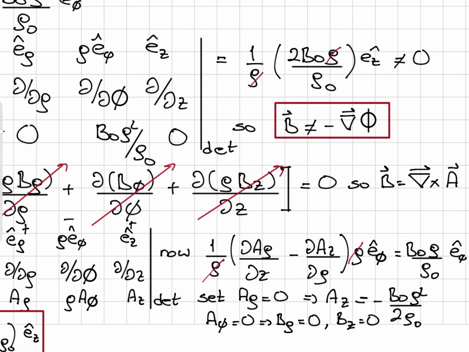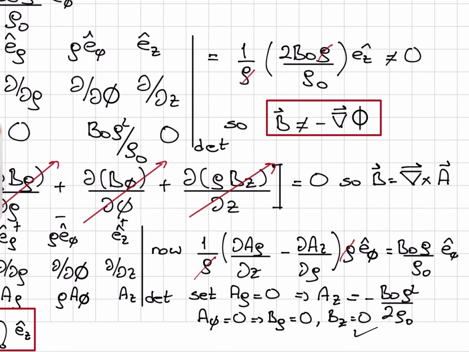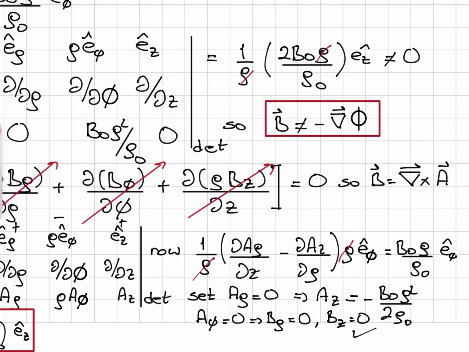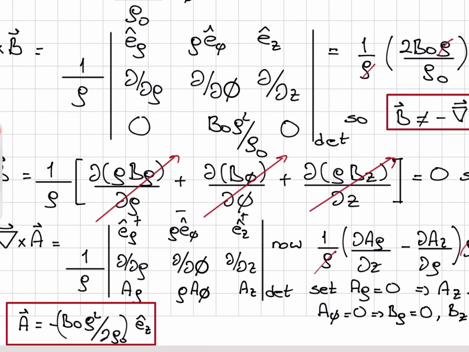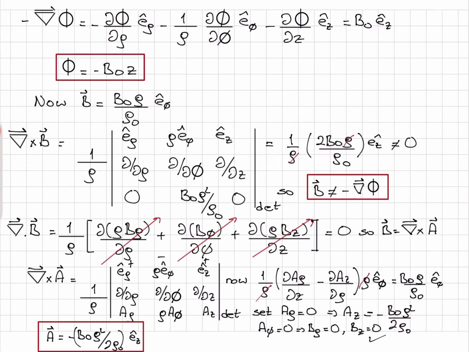So I have checked that my choice of A phi being 0 and A rho being 0 works, giving me no rho or z components for the magnetic field, but there is only a z component of the vector potential, which gives me a non-zero phi component for the magnetic field. And that vector potential is minus B0 rho square over 2 rho 0 in e z hat direction.